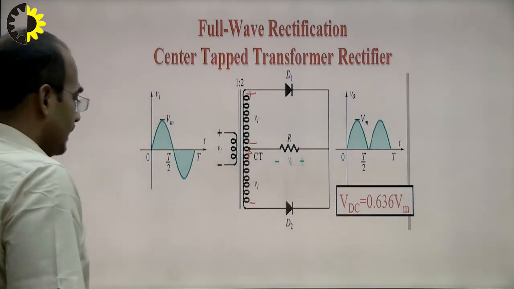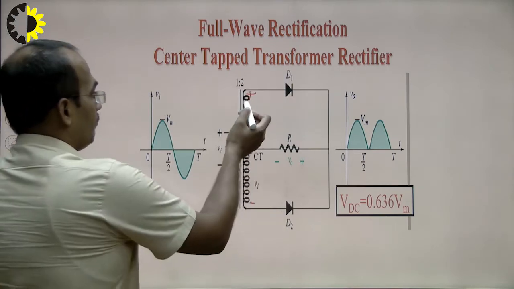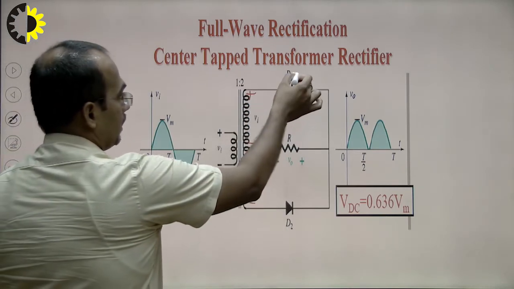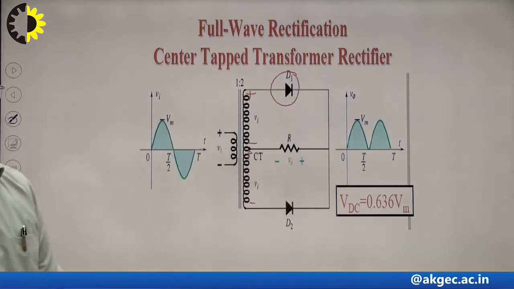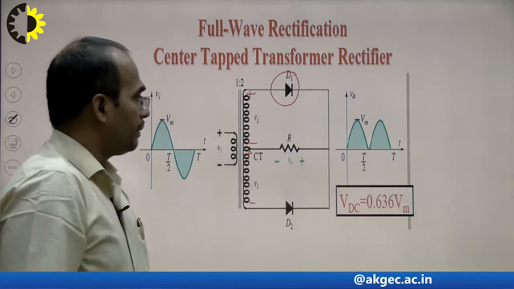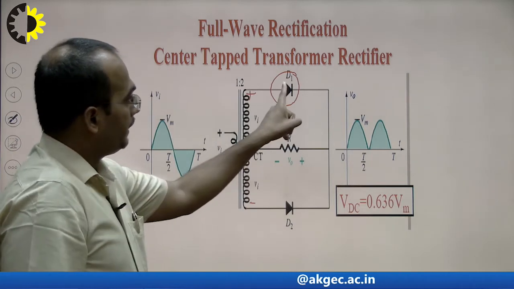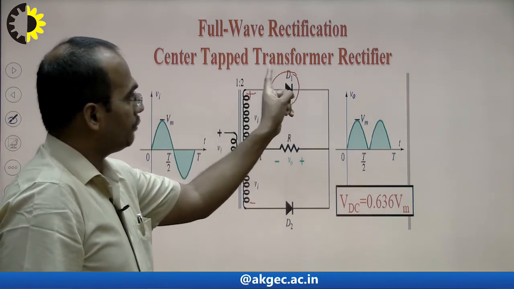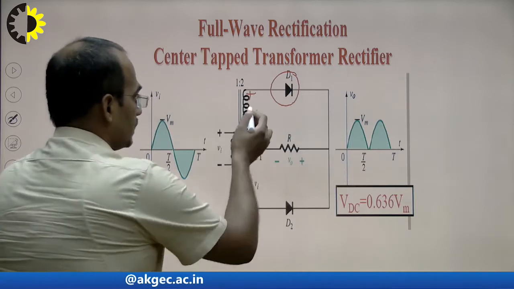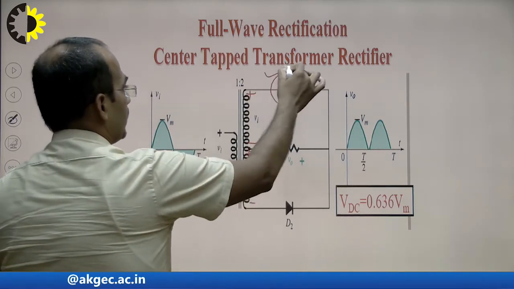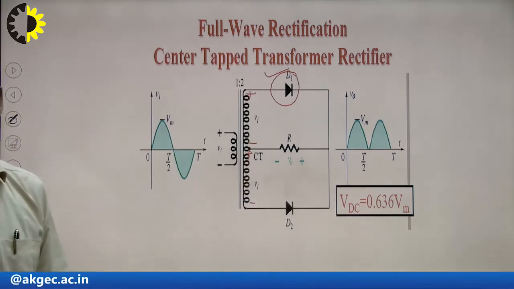You can check here that for the positive half cycle, the P side of the PN junction diode D1 is connected to the positive terminal of the battery, and the N side is connected to the negative terminal, which makes diode D1 forward bias.